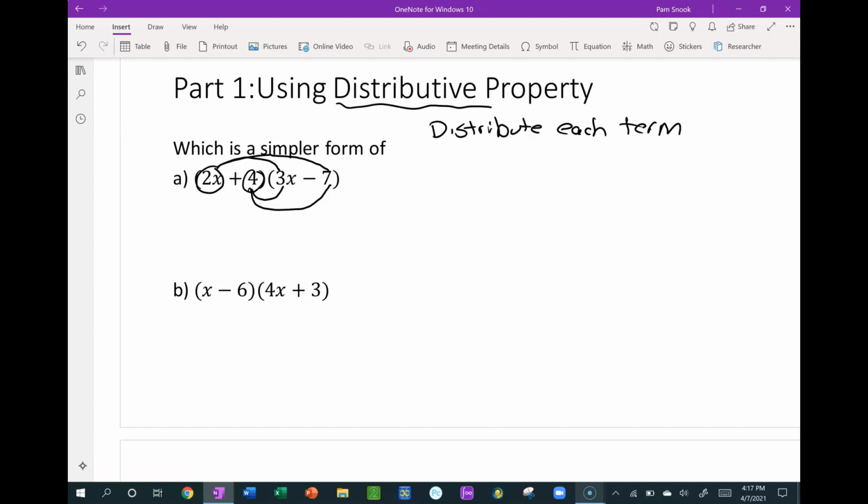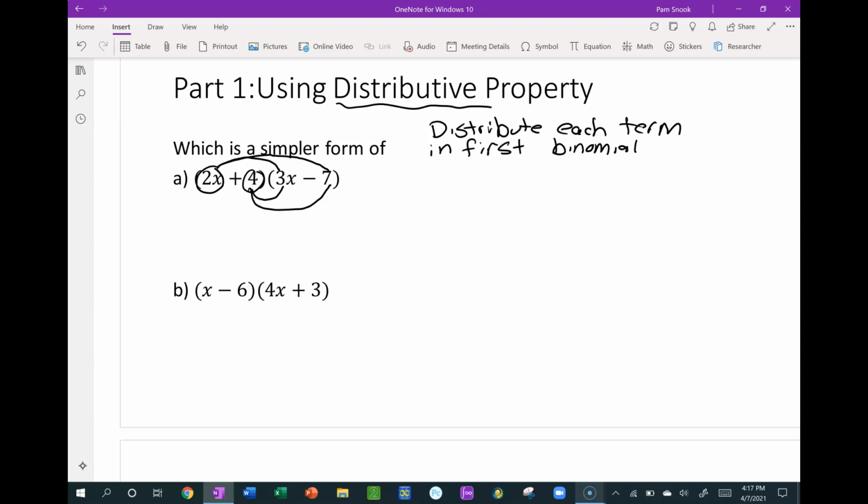Okay, now distributive property works no matter what. It works for doing a monomial times a polynomial. It'll work for two polynomials. You can do like two trinomials. You know, as many terms as you want, you can always distribute.